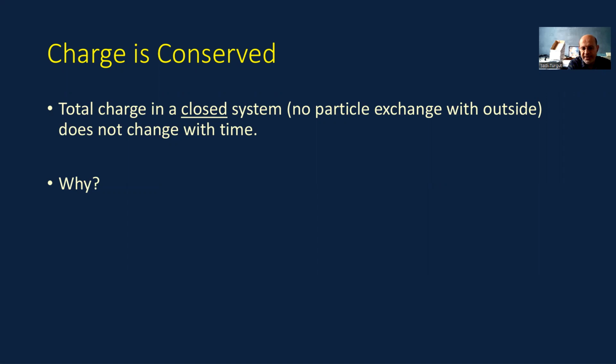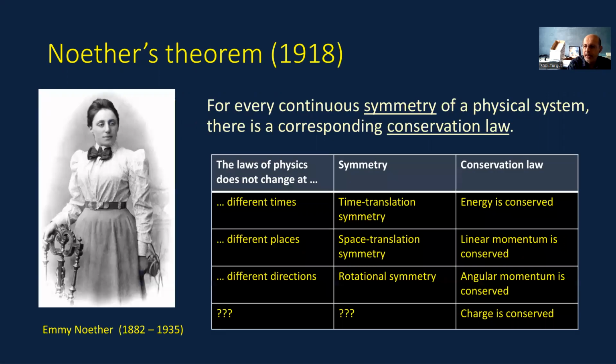And the question is, why is it conserved? This is not a question that we can answer within this course, but this is one of the important things. In the previous semester, I probably told you about Noether's theorem, discovered by Emmy Noether.